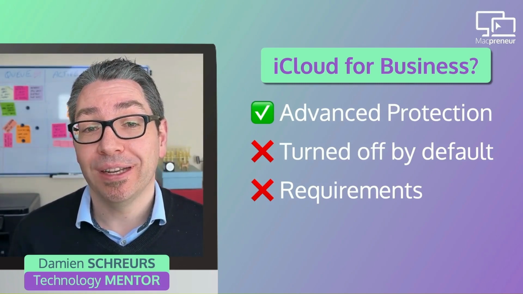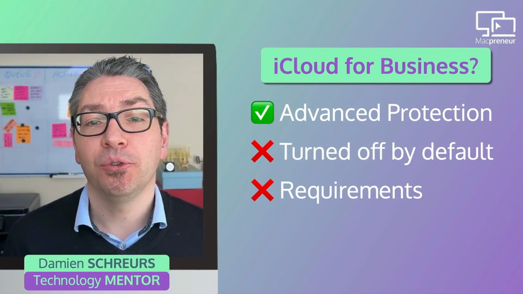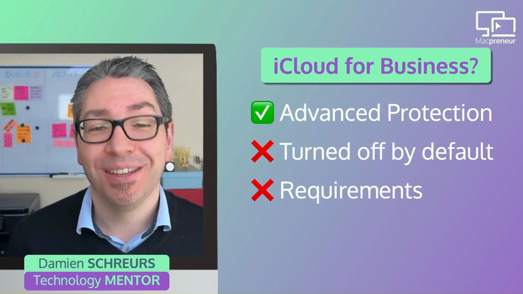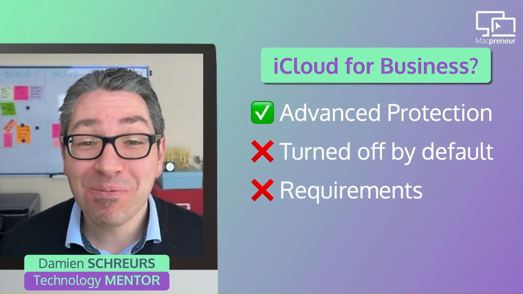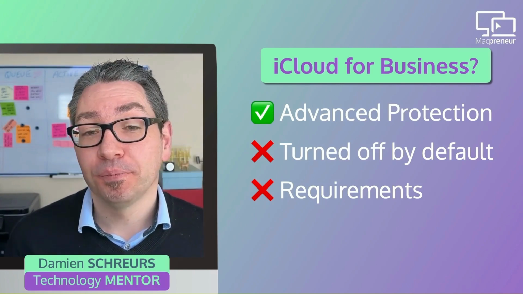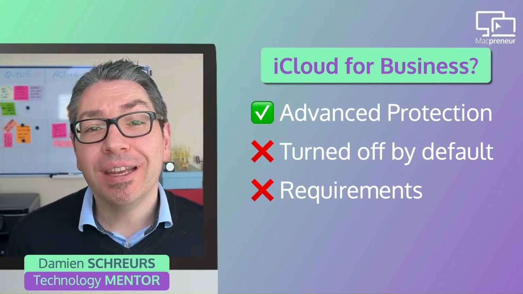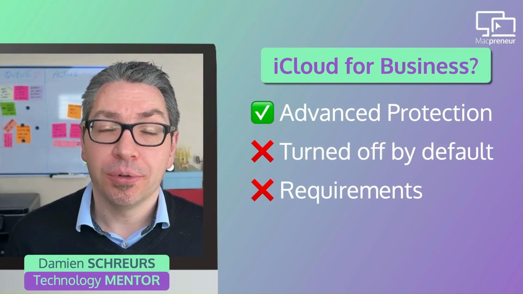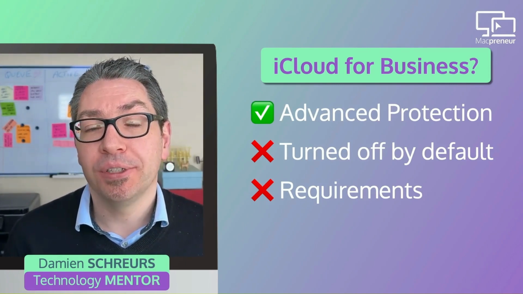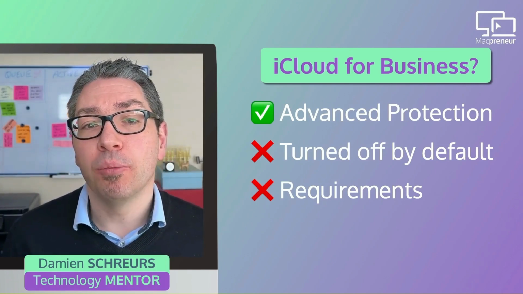So they need to have at least macOS 13.1, iOS and iPadOS 16.2, watchOS 9.2, tvOS 16.2, HomePod version 16, and iCloud for Windows 14.1. Now, if all your devices are running the very latest version of their operating system today, so in March 2024, it means that you have those minimum requirements.